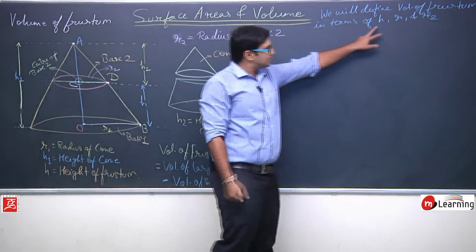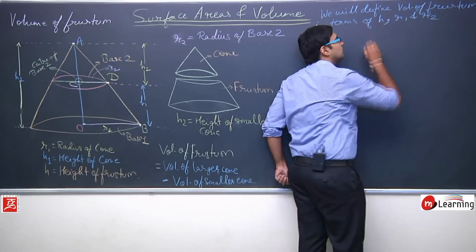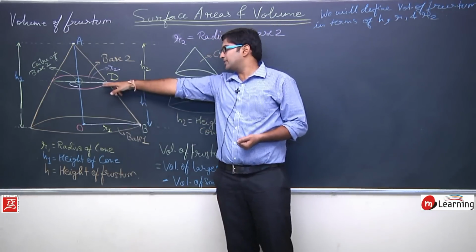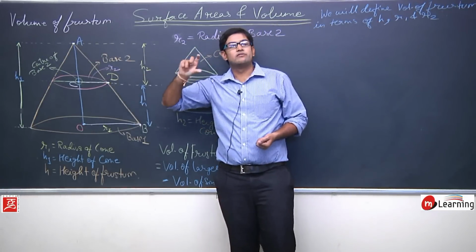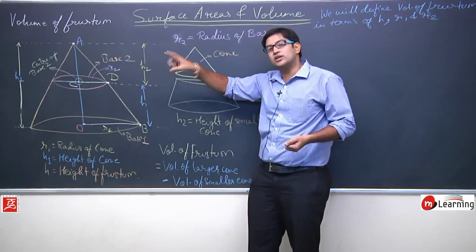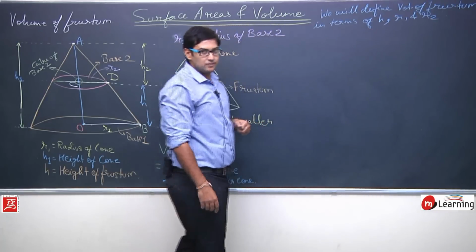What is H? H represents the height of the frustum. R1 represents the radius of base 1 and R2 represents the radius of base 2. We will not include the height of the bigger cone and the height of the smaller cone in the calculation of the volume of the frustum.